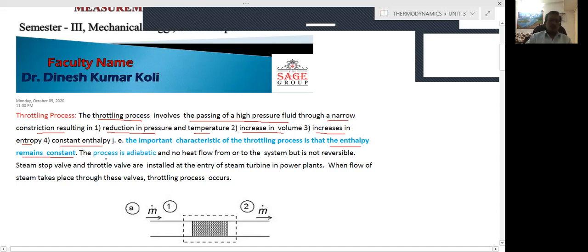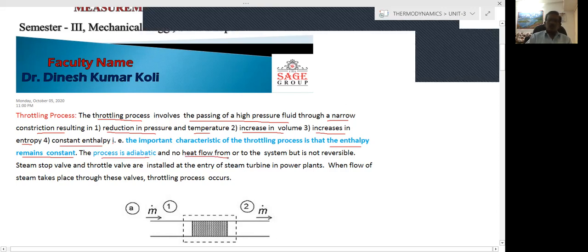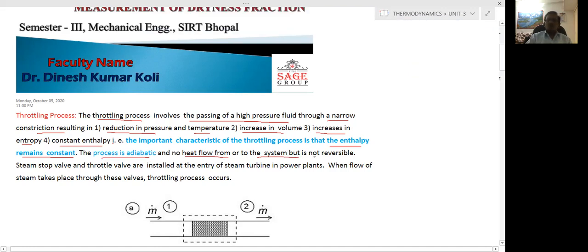Additionally, the throttling process is an adiabatic process. It means no heat flows from or to the system, but this process is not reversible. It is definitely an irreversible process.